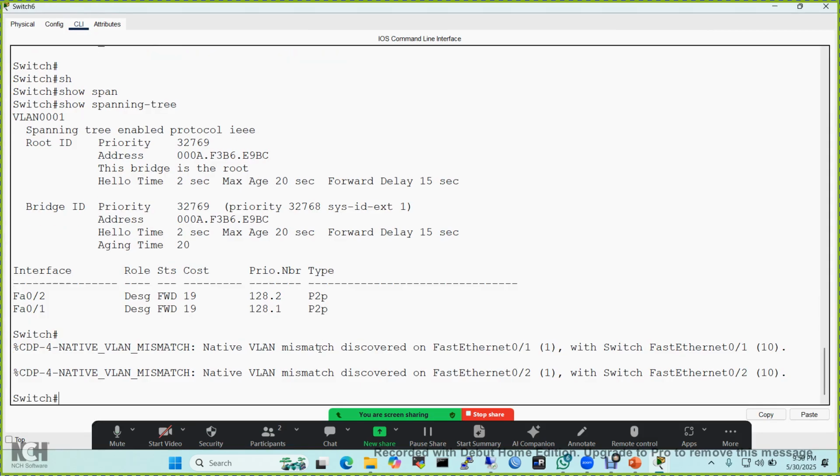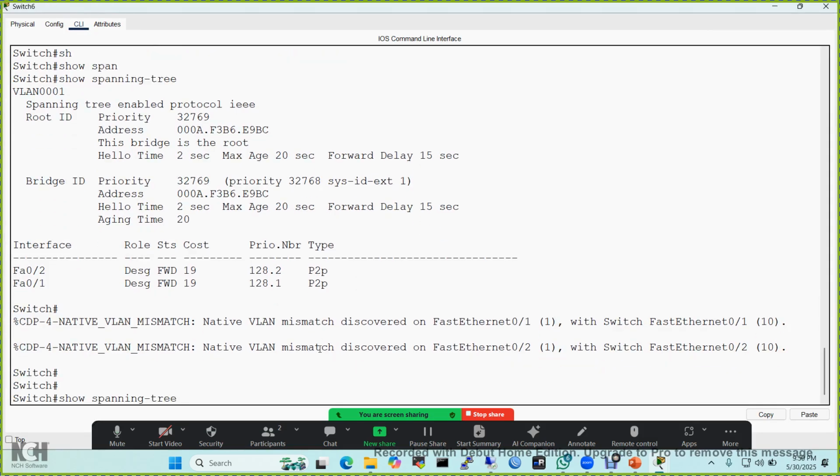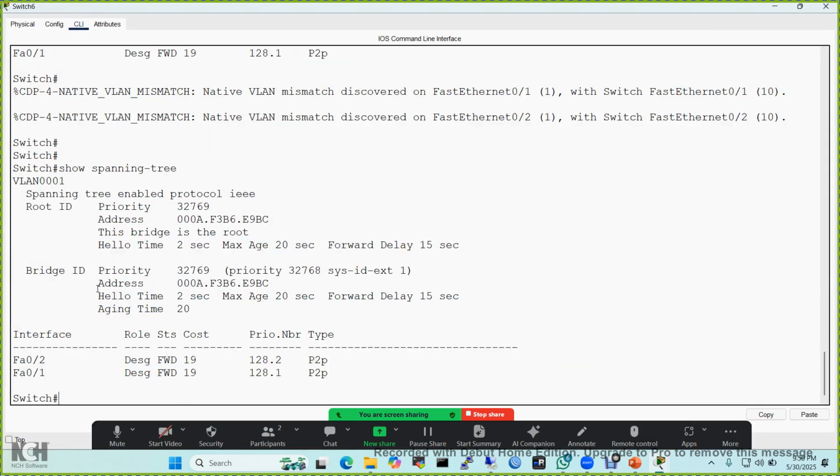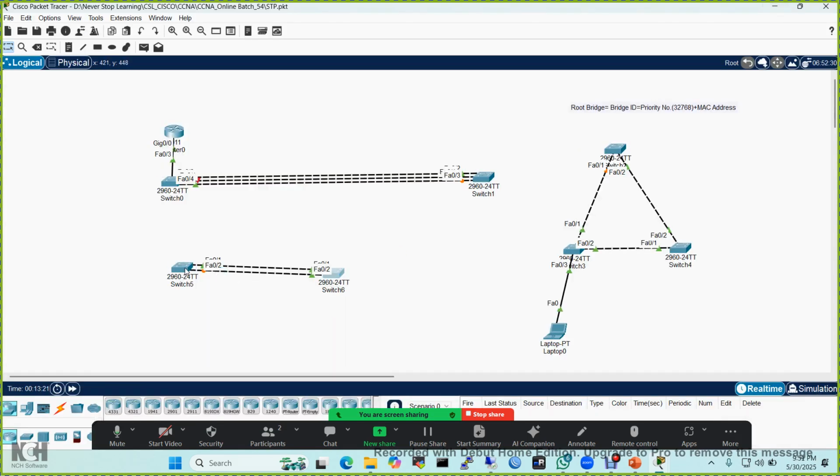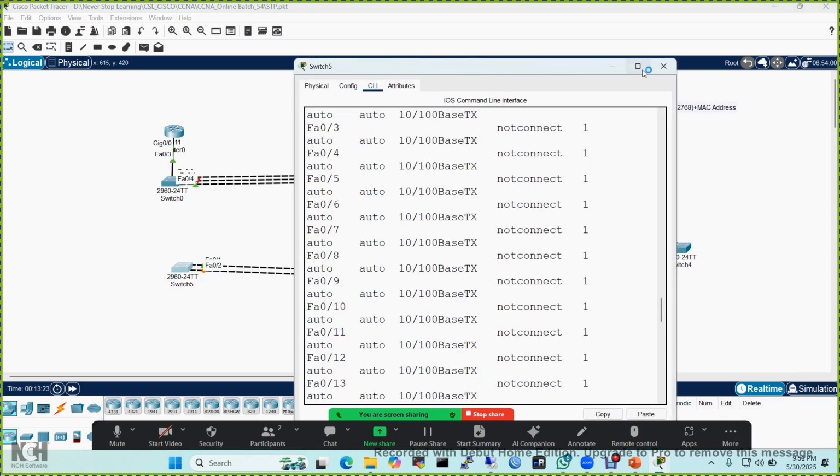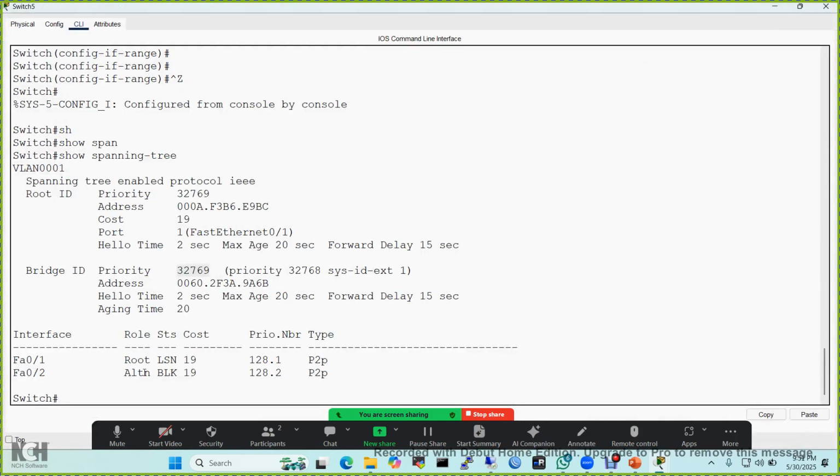Okay. See here. What is the MAC address for this switch? This switch's MAC address is 000A. And then what is the MAC address for that switch? 0060.